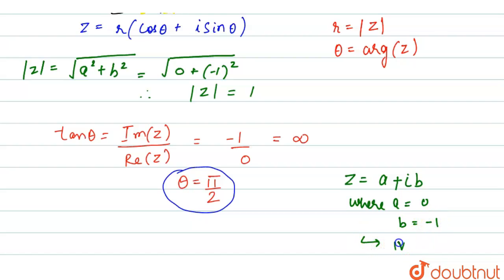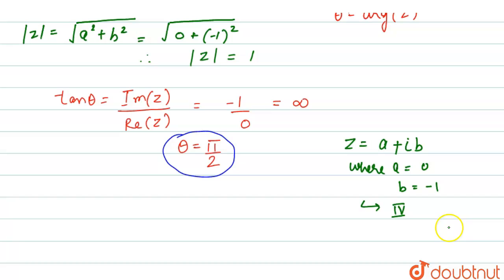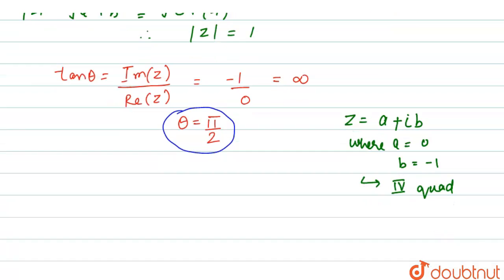So this implies the fourth quadrant. So if z is in the fourth quadrant, the argument of z will be minus of pi by 2. So argument of z will be minus pi by 2.